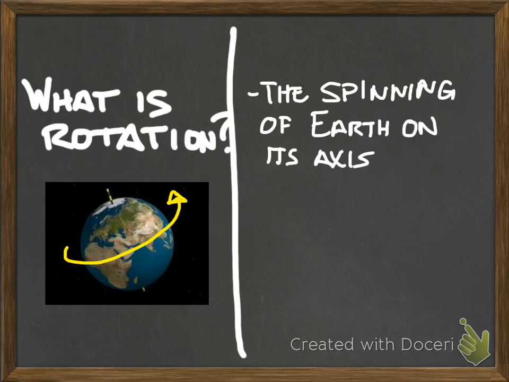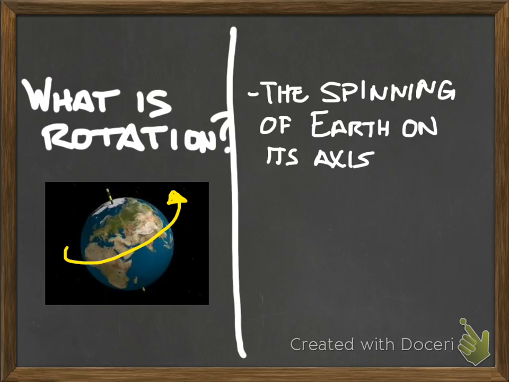So, in that sort of direction, that's the way the Earth spins, right around its axis. Now, you'll notice that the axis isn't straight up and down, it's actually tilted. Now that plays a role in what we're going to talk about in a little bit in terms of some of the things that would create on Earth that we have to deal with because of the Earth's tilted axis. So rotation is the spinning of Earth on its axis.